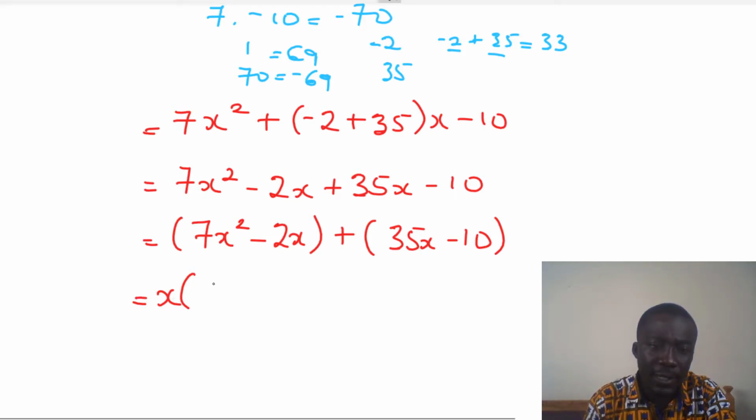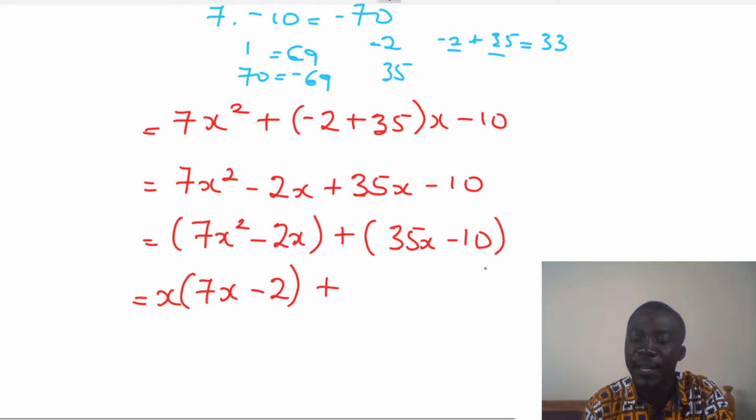We will be left with 7x, since x cancels x here, minus 2. Plus, for 35x minus 10, the common factor will be 5. Then 5 goes into 35, 7, then our x will be attached to it. Then 5 goes into 10 will be 2.